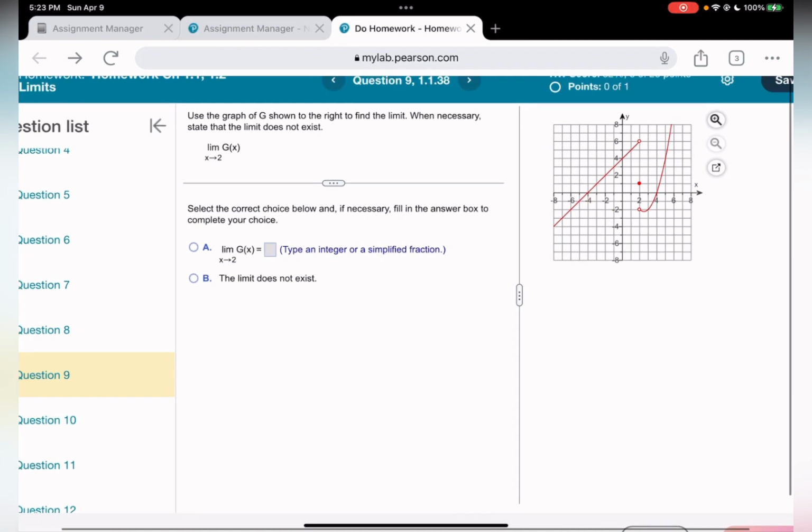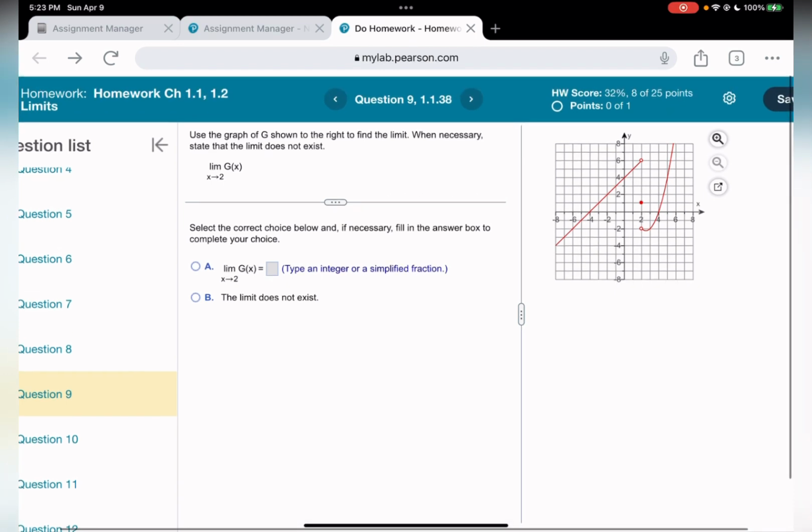Question number 9. X approaches 2. Since it's asking for 2 and doesn't specify the left or right side, for the limit to have any value, both sides have to be equal to each other.